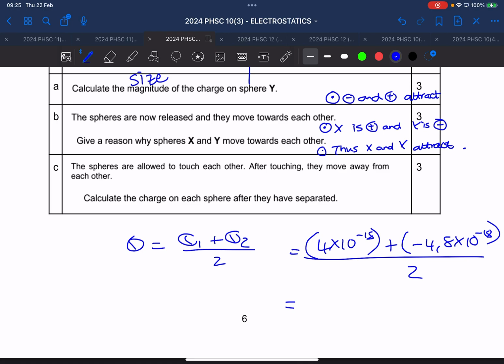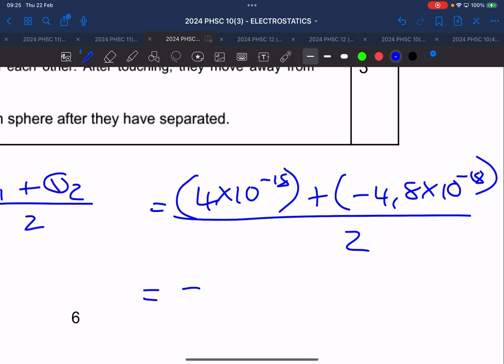I get negative 0.4 times 10 to the power negative 18. It's not negative 1. No, divided by 2.